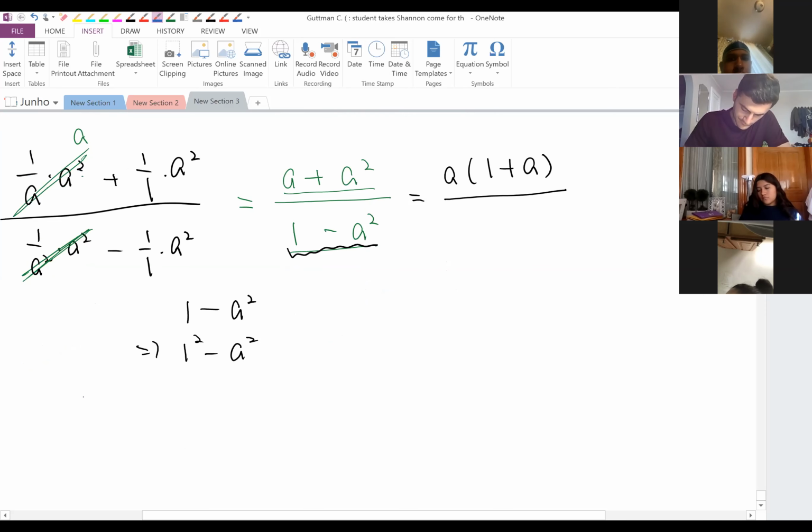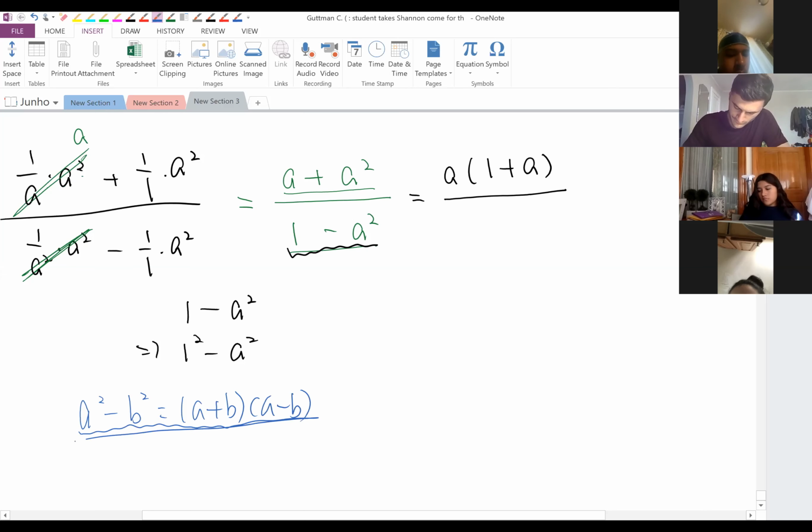So basically, do you remember the factoring a squared minus b squared? Yeah, difference of squares. Yes, because it's a plus b, a minus b, right? You will use this factoring method a lot, so you need to practice as much as you can, so that whenever you see this kind of form, you automatically factor like that.